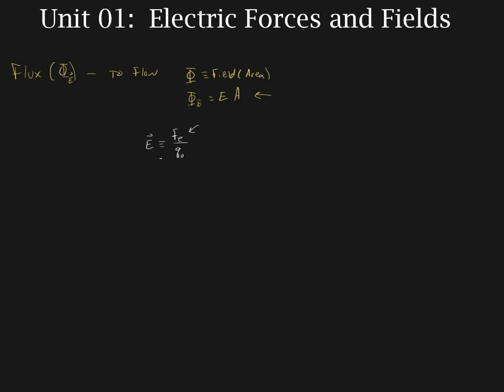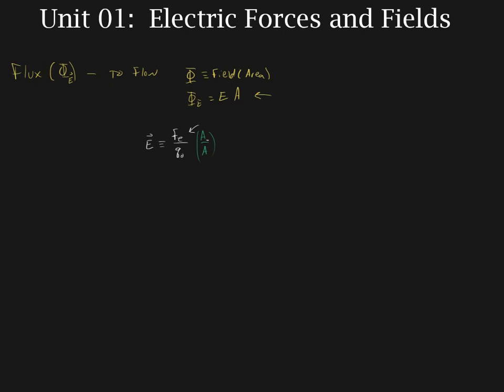Okay, so we have the electric field defined by the electric force divided by the test charge. And now what I want to do is just multiply by 1. To multiply by 1, I'm going to choose to do it as area divided by area. All I've done was multiply by 1. That's legal, algebraically speaking.